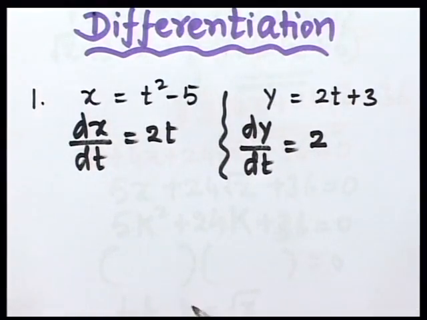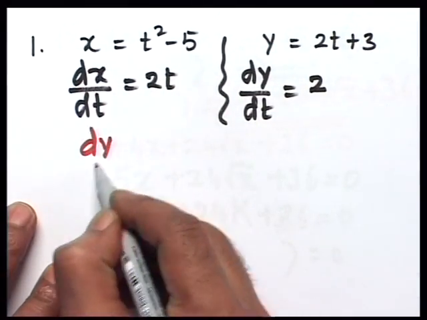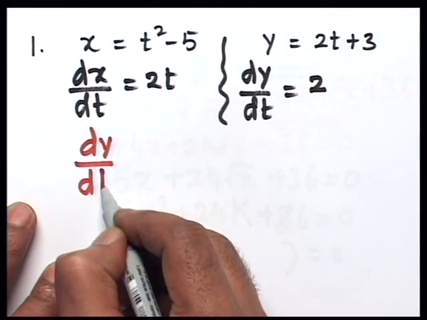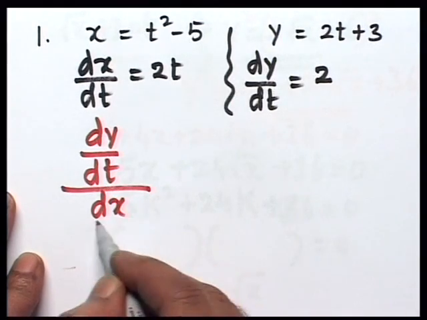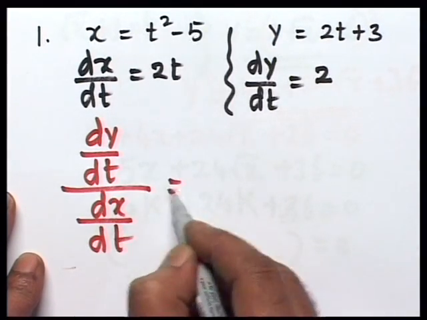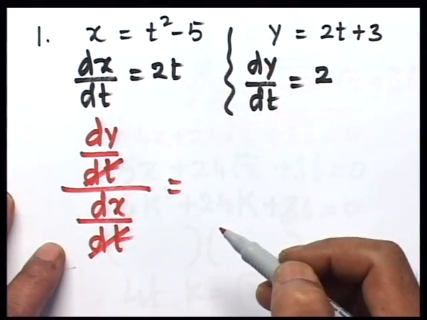So that's the idea. What we do now, dy over dx, the first sum I will do slowly: dy over dt divided by dx over dt. So the dt's actually cancel out, you'll be left with dy over dx.